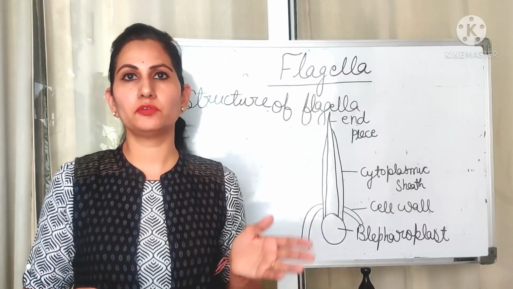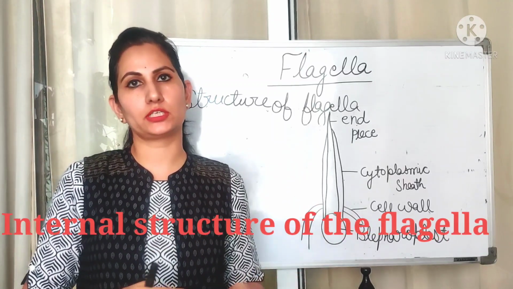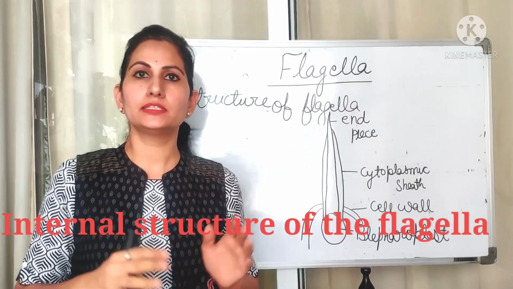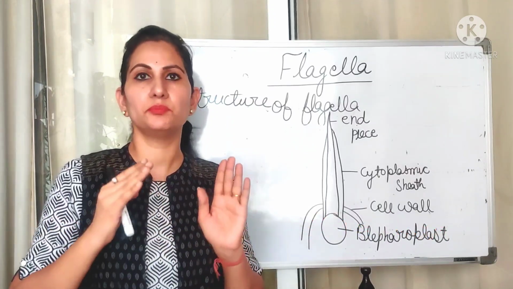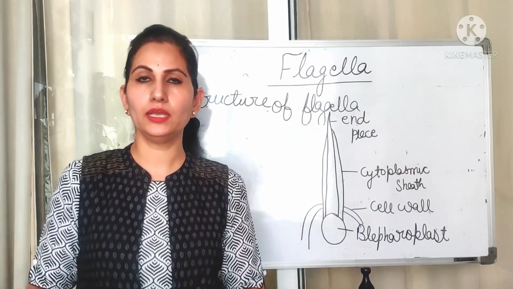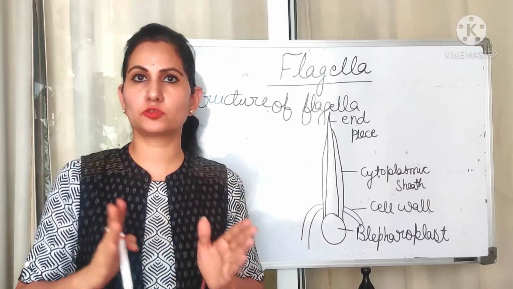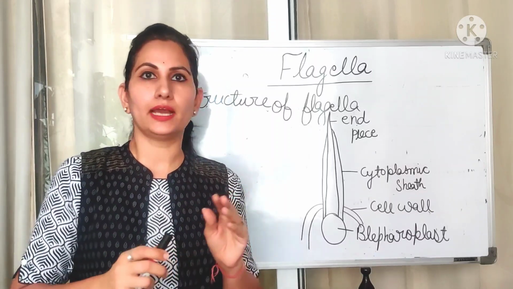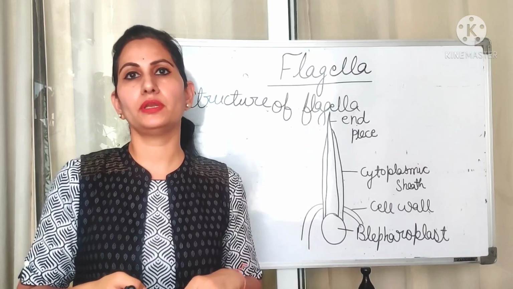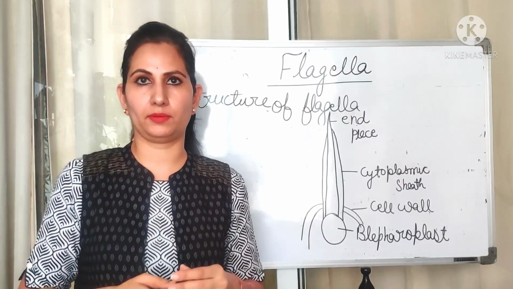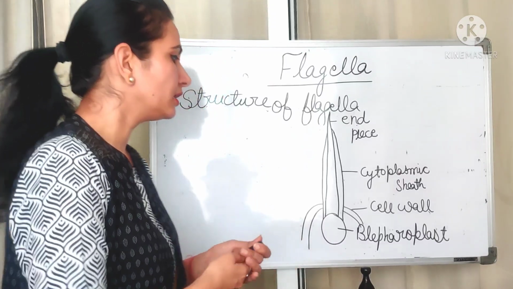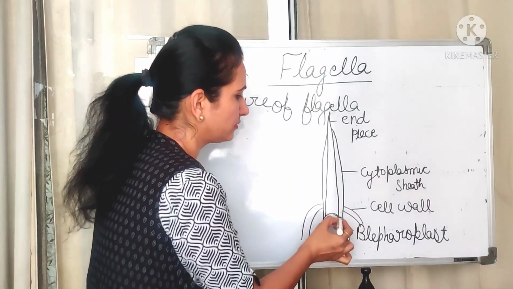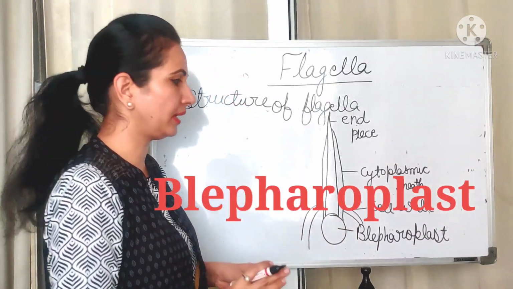Now moving further, we will discuss the internal structure of the flagella. The internal structure of the flagella is made up of 11 fibrils, and it is arranged in 9+2 position, okay. 9 are the peripheral fibrils and 2 are the central fibrils. The flagella emerge out from a swollen base, which is known as blepharoplast.